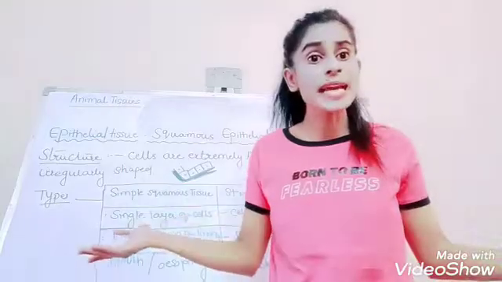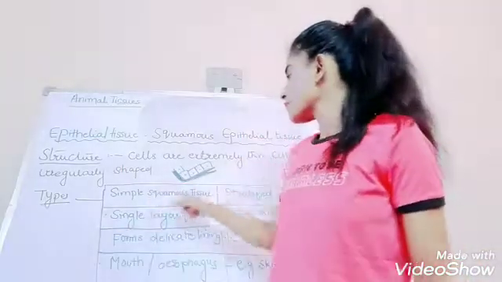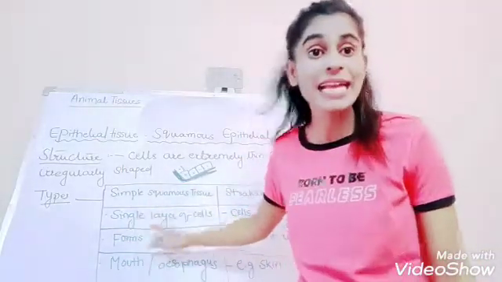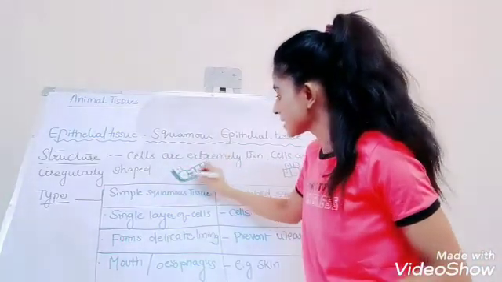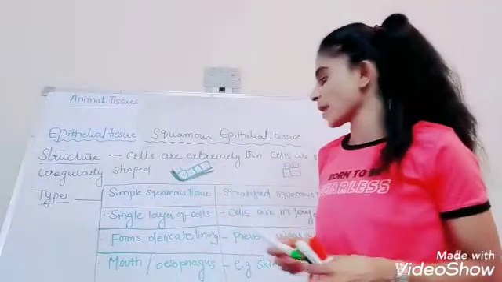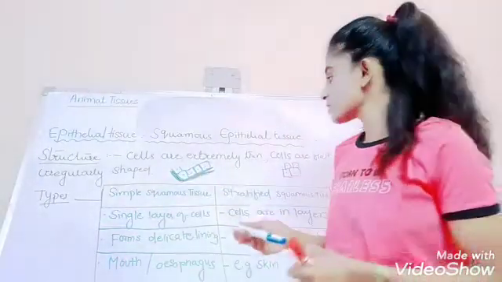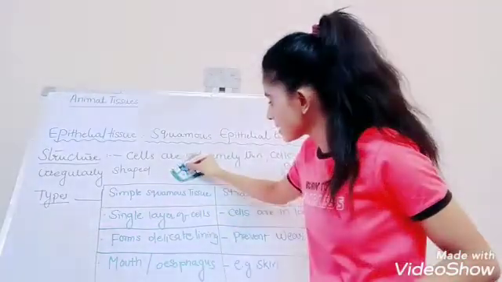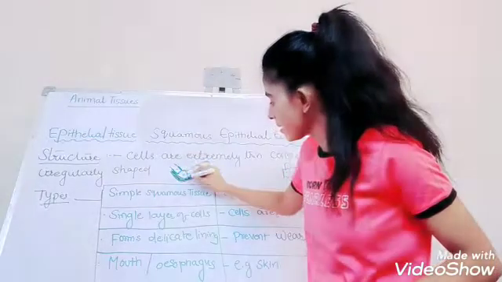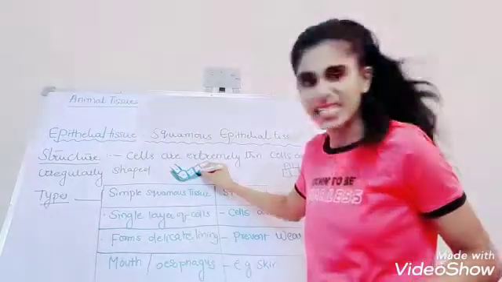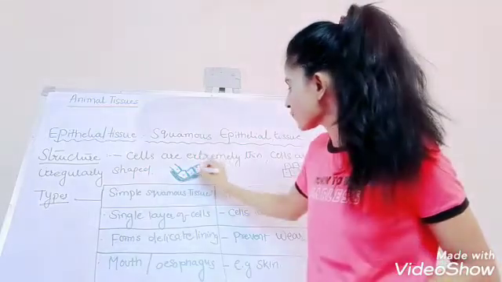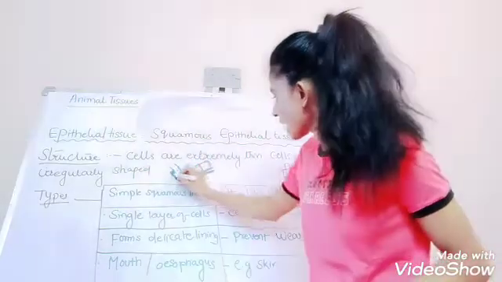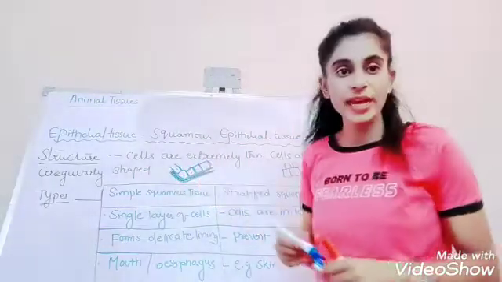Only a single layer, you can see here, a single layer of cells which lies on the basement membrane.